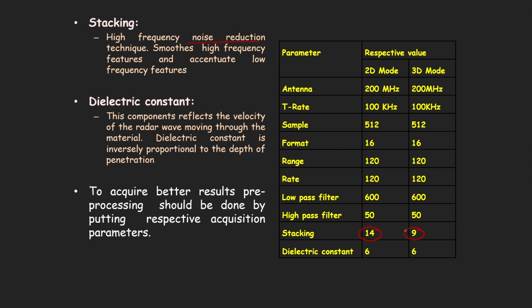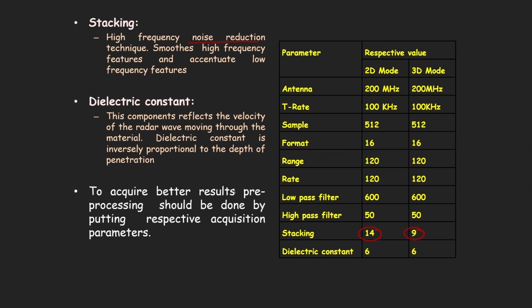These are the values we have fixed with experience, for this type of terrain, on what inputs to put. Then the dielectric constant: this component reflects the velocity of the radar wave moving through the material, and the dielectric constant is inversely proportional to the depth of penetration. This is again an important point along with the frequency of the equipment.